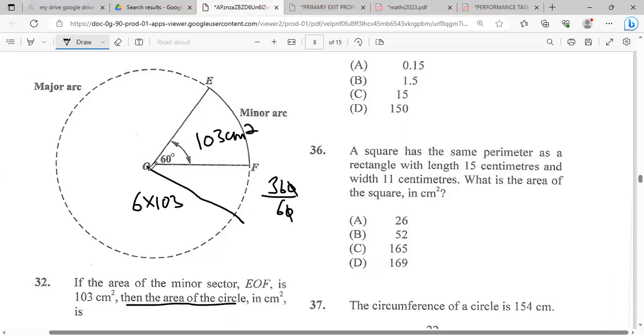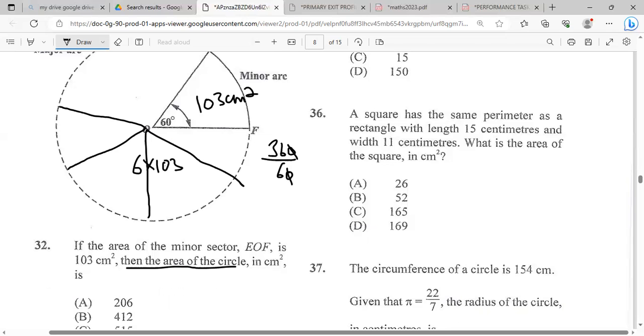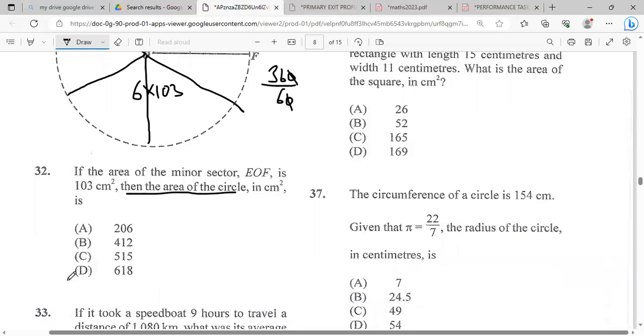We don't need the radius. We can just say we get 6 of it. So 6 times 103 is 618. So that would be D.